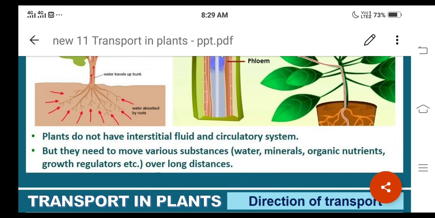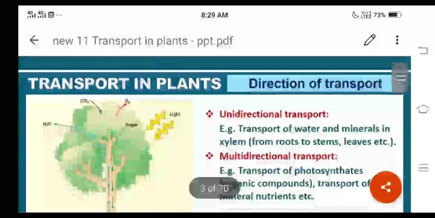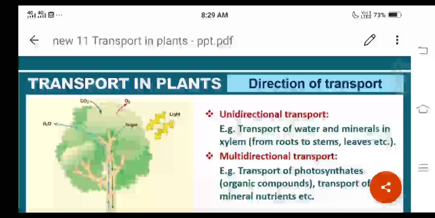In a plant, before we study the direction of transport, we are going to study two important terms here: transportation and translocation.